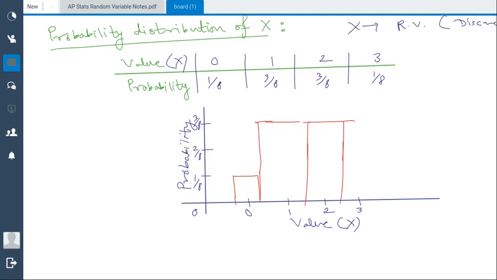For 3, it is again 1 by 8. Are you getting it? So this is basically a graphical representation. This is a histogram showing the probability distribution of random variable x, where x denotes the number of heads obtained.